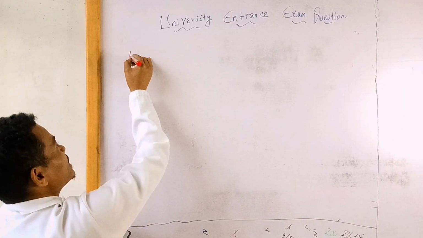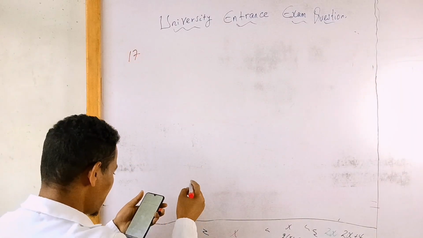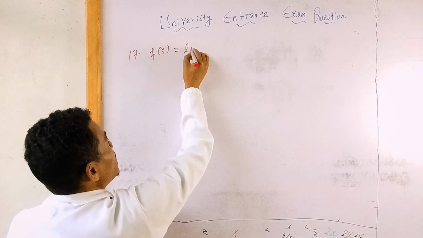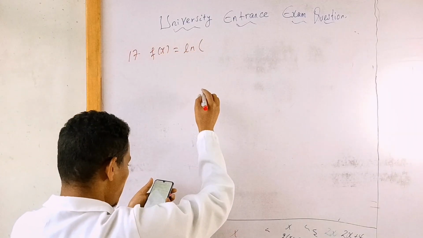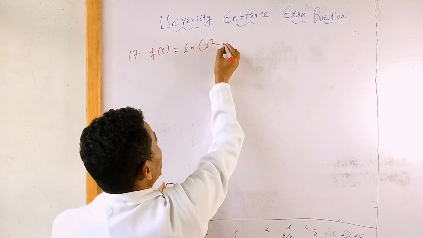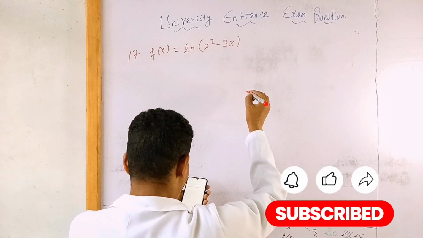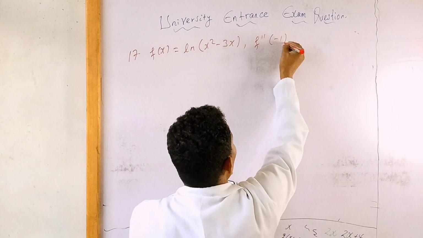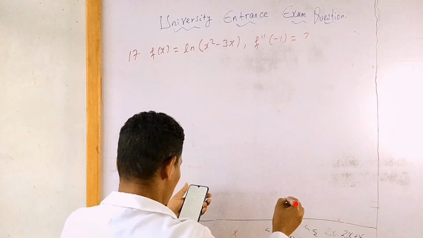Question number 17. Let f of x is equal to ln of x square minus 3x, then f second derivative at minus 1 is equal to blank.